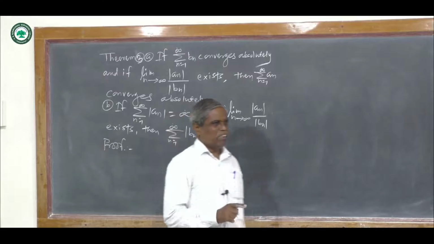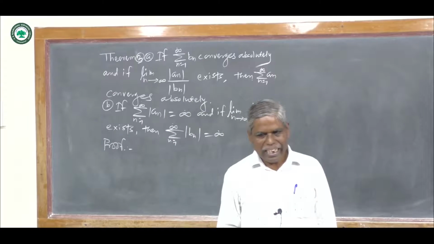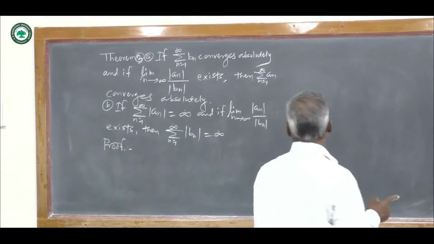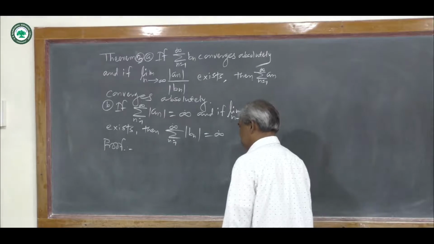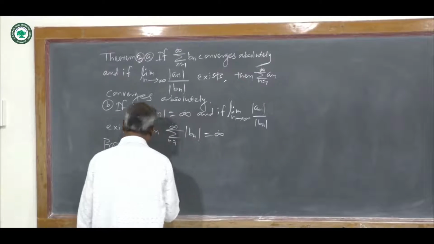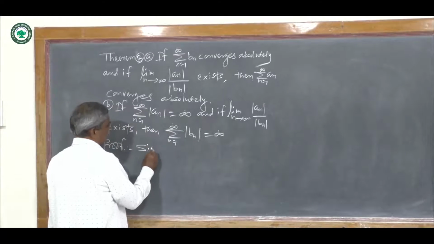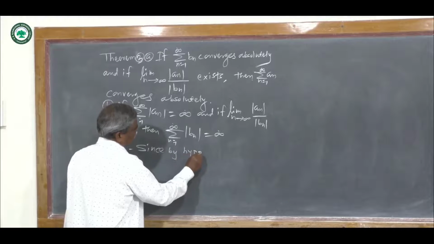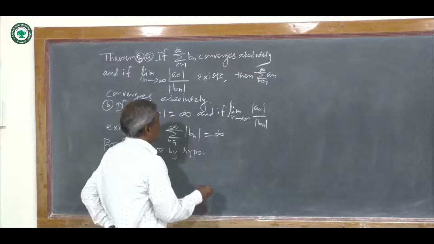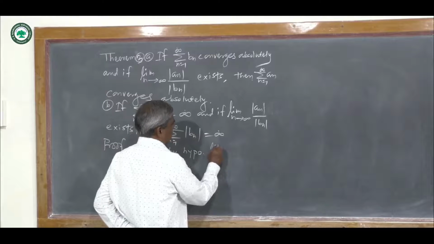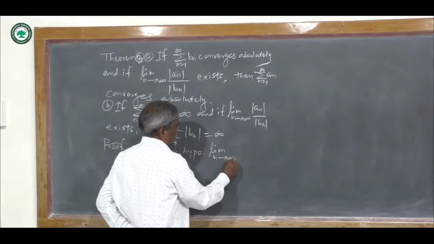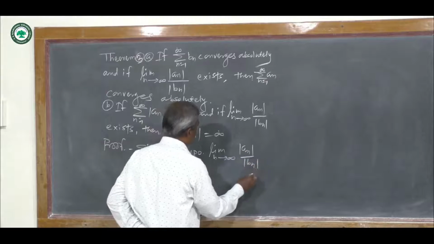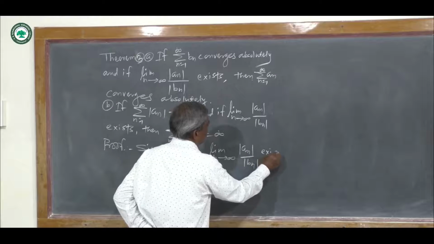In both parts A and B, there is a common hypothesis: limit n tends to infinity of mod an by mod bn exists. Since by hypothesis, limit n tends to infinity of mod of an by mod of bn exists.